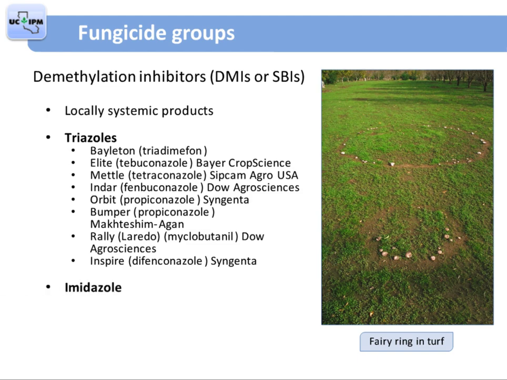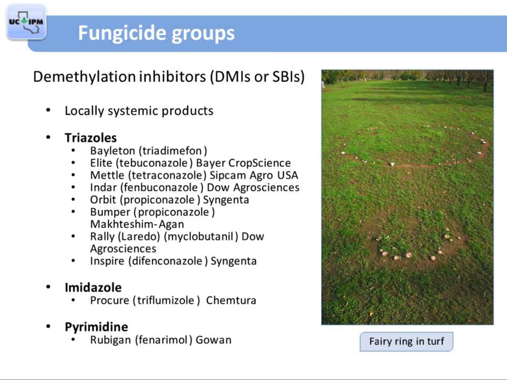Procure with the active ingredient triflumizole is an imidazole. It's interesting when we look at Procure and cross-resistance with triazoles, we don't see high levels of resistance. Rubigan with the active ingredient fenarimol is a pyrimidine, and this is the other one where we don't see cross-resistance development. So in the triazole class, we would expect to see a little loss of efficacy under high population dynamics.